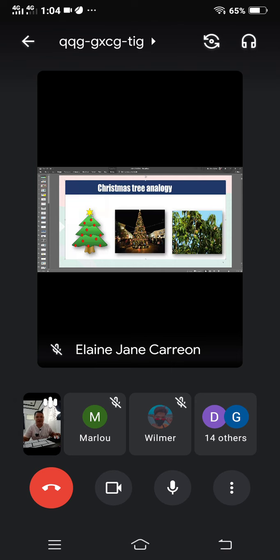So, ibig sabihin, pang elementary, kung ipapakita mo sa elementary student or pupil ito, sasabihin nila, yes ma'am, Christmas tree po yan. Next, the second one, in the middle picture. So if you chose the second or the middle tree, you're an average thinker. You have knowledge, but you don't think outside the box. So, kung ano na nakikita mo, you interpret what you see.